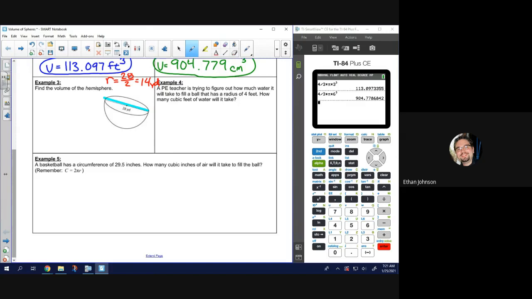So I'm going to do the same thing. V equals 4/3 pi r cubed, or in this case, V equals 4/3 times pi times 14 cubed. Type that in the calculator. So 4 divided by 3 times pi, second caret, times our radius of 14 cubed, so caret 3.